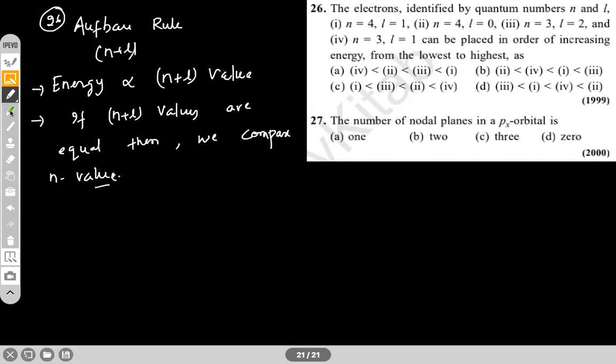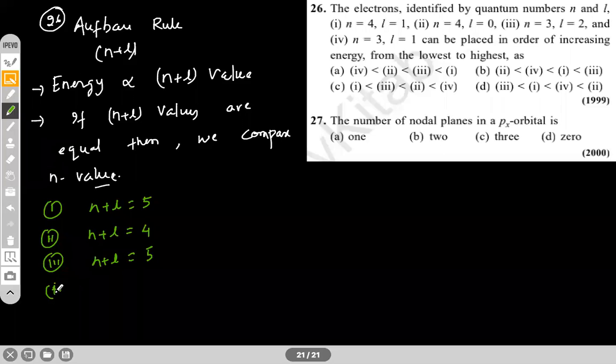The first one, n plus l value for the first one is 5. For the second one, n plus l value is 4. Third one, n plus l value is 5 again.